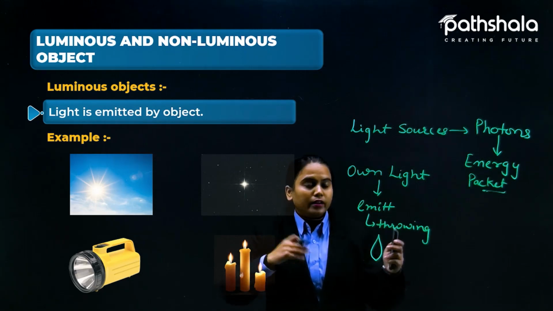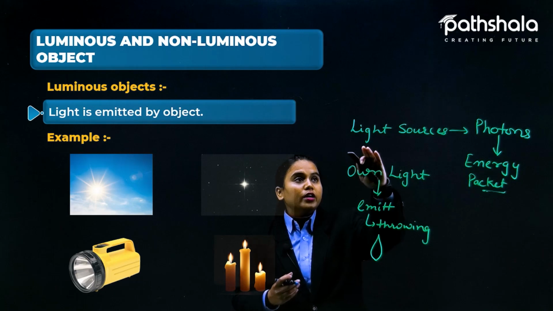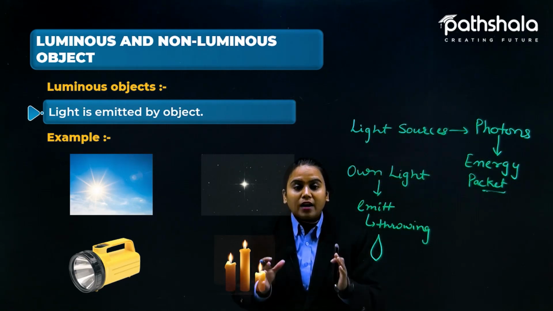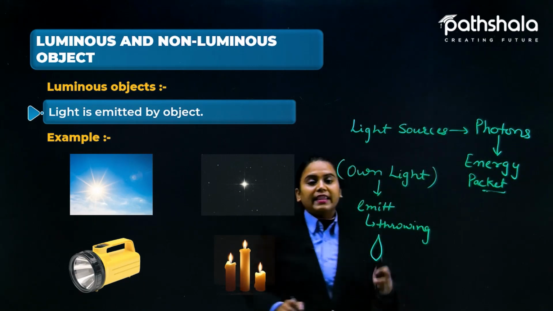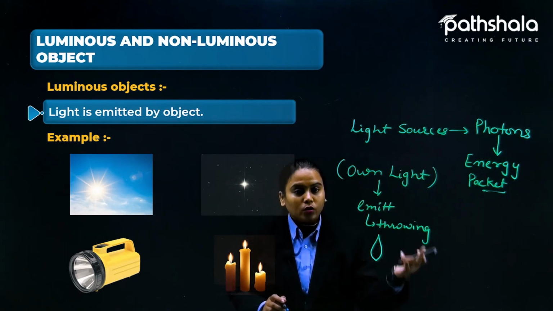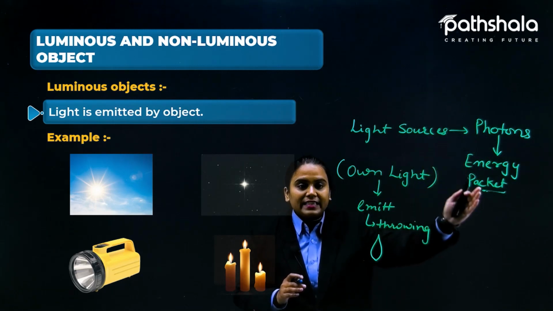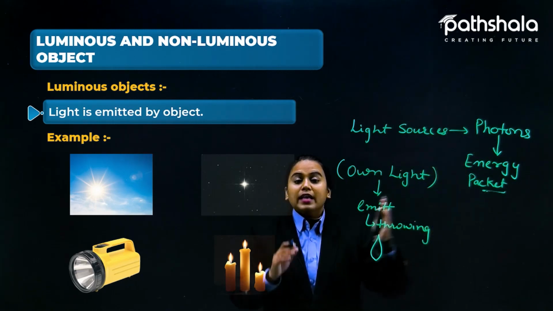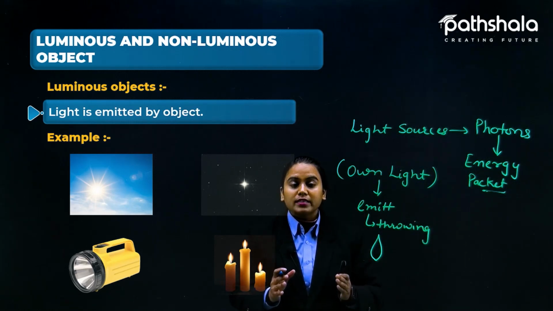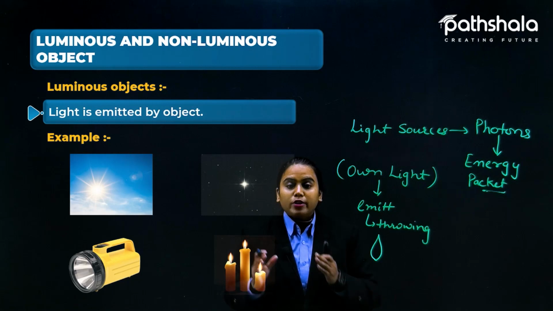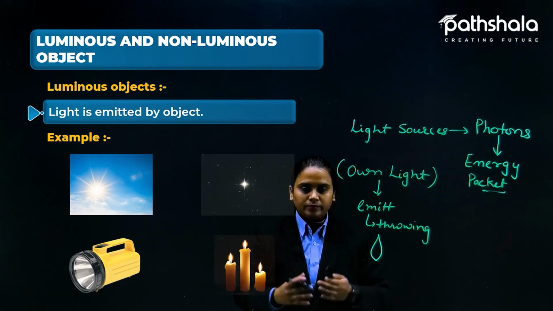You will learn it in detail in class 10th. Light sources have their own light, thrown in the form of photons, and these energy packets are very useful for us, and we are able to see these objects because they are throwing light.